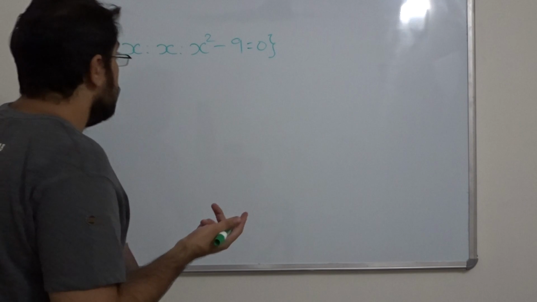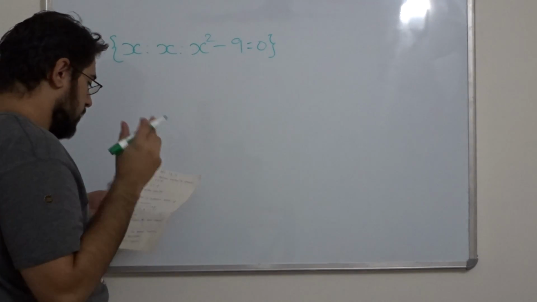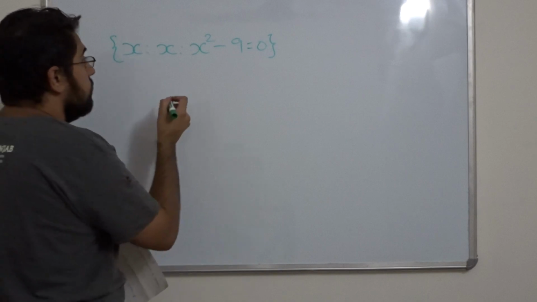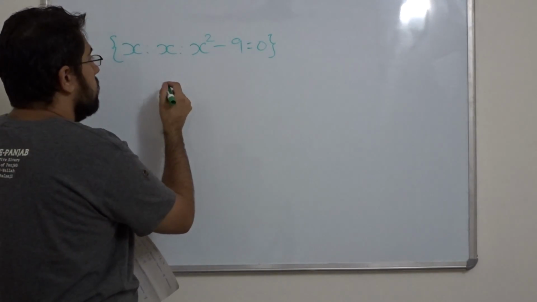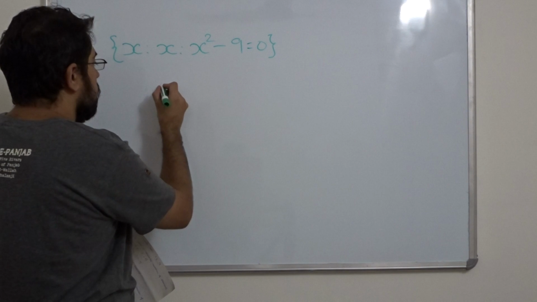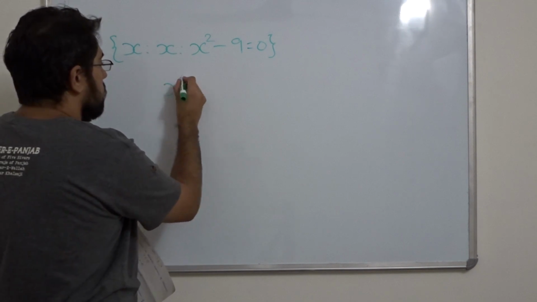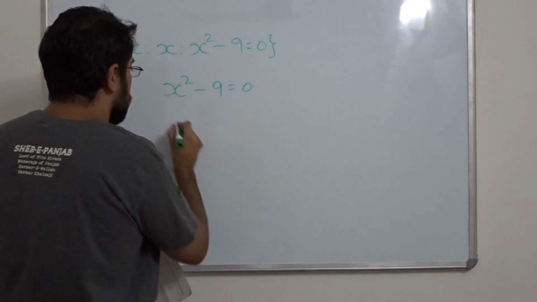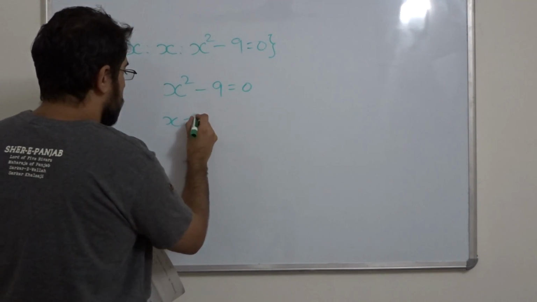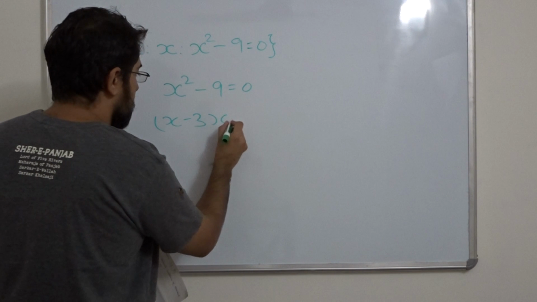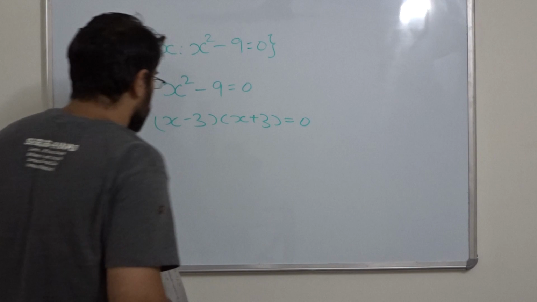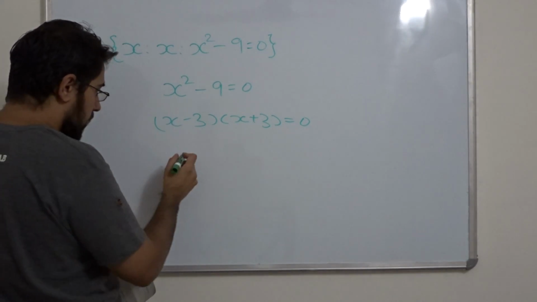So, what is the answer to this finite set? As all of you know, guys, x squared minus 9 equals 0, and then you have (x minus 3)(x plus 3) equals 0. So this is factored.